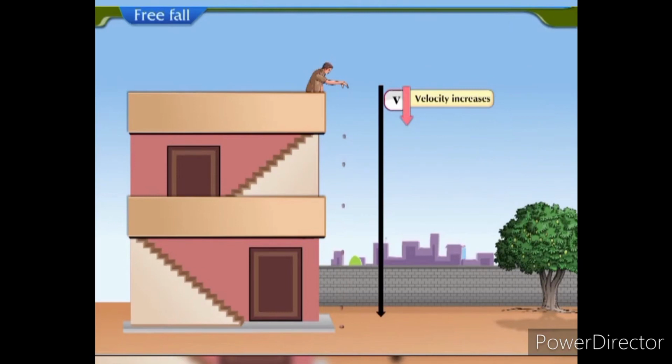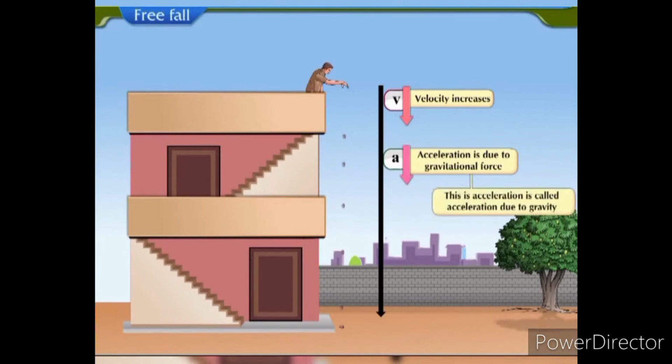Increase in velocity means acceleration of the object. This means a falling object moves with acceleration. This acceleration is due to the gravitational force. Therefore, this acceleration is called acceleration due to gravity and is denoted by g.